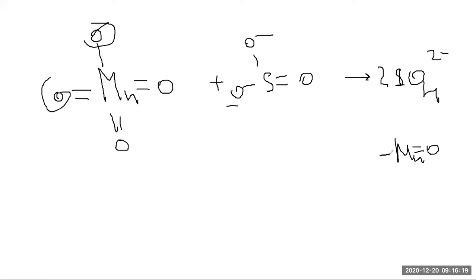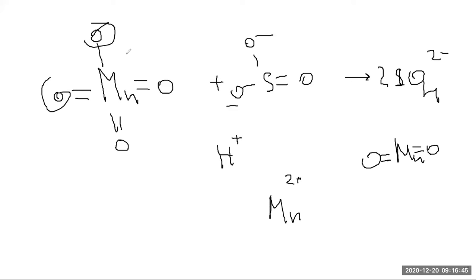This is the brown stuff that formed in the first case. In the second case, in the presence of acid, this ion facilitates this reaction, and 4 sulfite molecules take away all 4 oxygens from manganese, and manganese becomes just Mn2+.